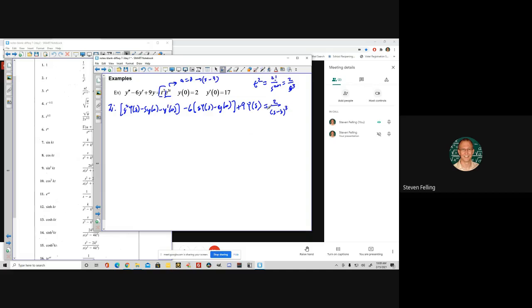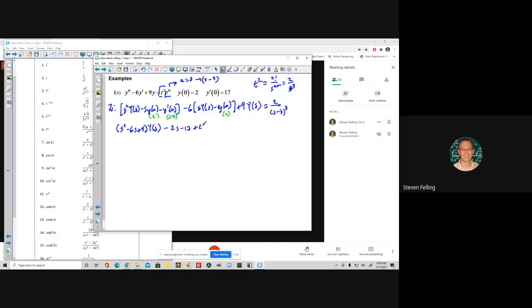Okay. All right, so now we have the Laplace transformed version of the differential equation, which is an algebraic equation. We now want to solve this for Y(s), so we'll factor out all the Y terms. So (s squared minus 6s plus 9) times Y(s). And then let's go ahead and substitute in here. y(0) is 2, and y prime(0) is 17. Okay, so looks like we have minus 2s minus 17. And then negative 6 times negative 2 would be positive 12.